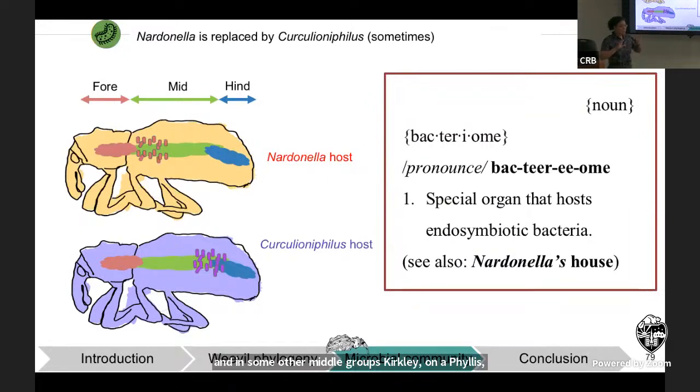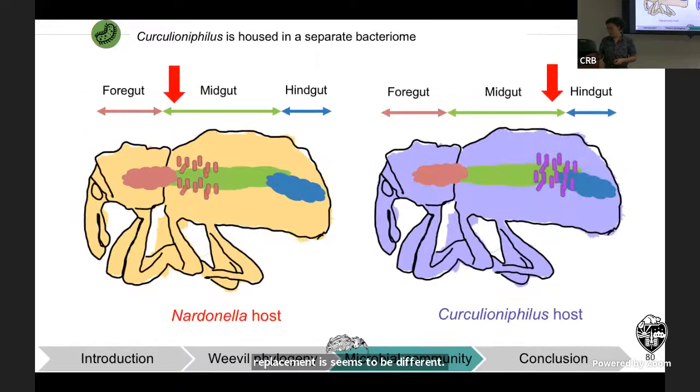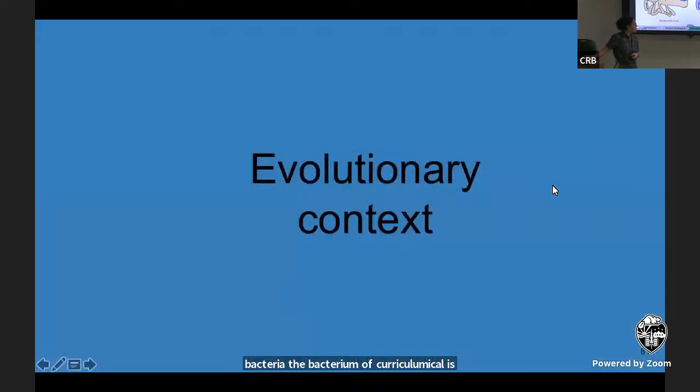But the evolutionary path to that replacement seems to be different. It's a different mode of takeover, essentially. And here's just a little bit closer up of looking at the bacteriome of Crepulionophilus hosting organisms.